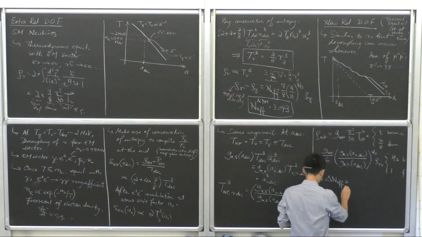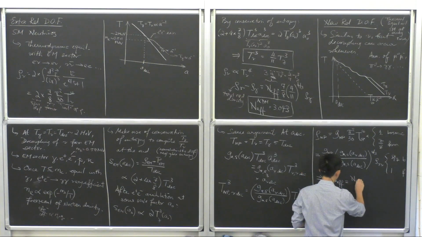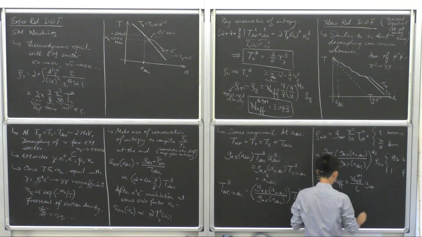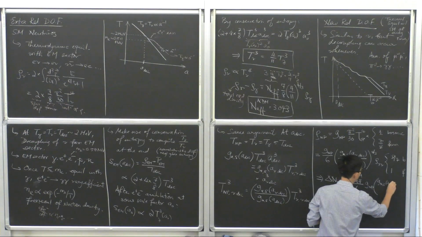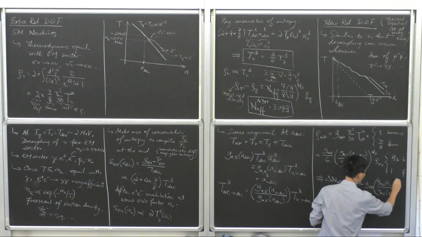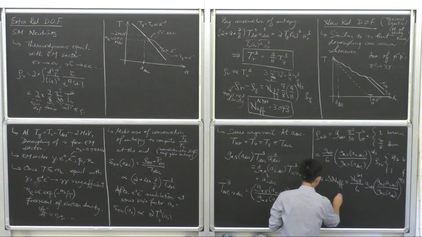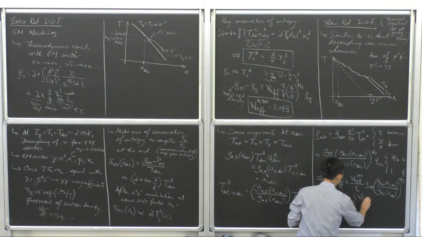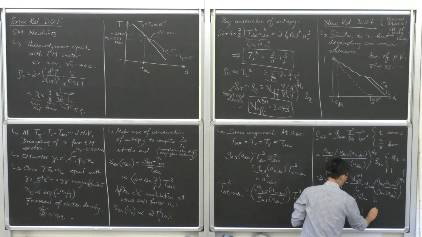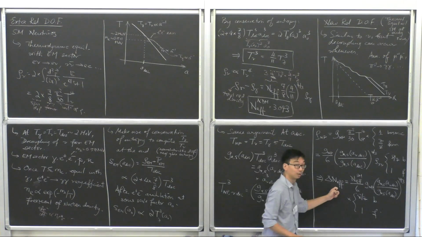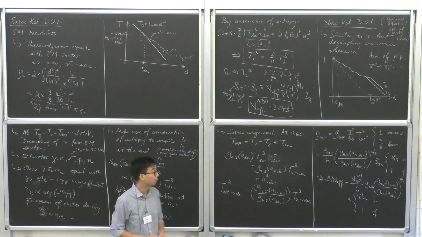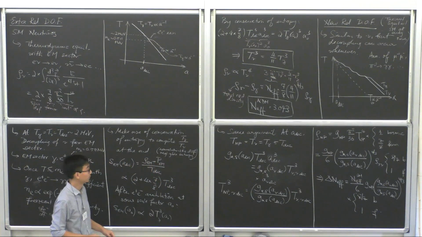And this just ends up being something like N effective in the standard model divided by 6 times G new physics times this factor here, which is G star S A new decoupling divided by G star S at A decoupling to the 4/3 times 8 over 7 for bosons and 1 for fermions. Okay? And then this is the thing that you would try to look for in your cosmological probes.